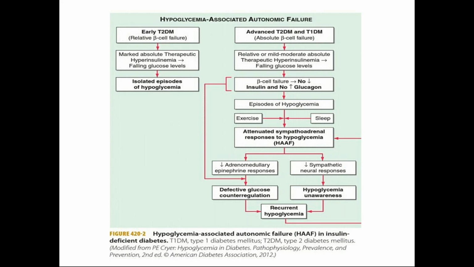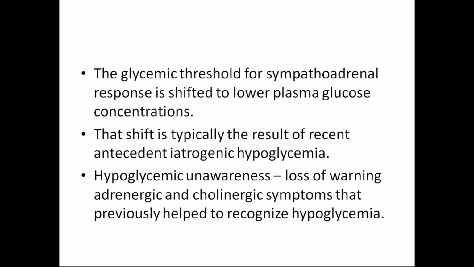That's why it's very important to prevent recurrent hypoglycemias. Even one episode of hypoglycemia will predispose the patient to the autonomic failure. That means the body stops responding to the hypoglycemia. It will not produce the sympathetic outflow. It just becomes non-responsive, which in turn causes hypoglycemic episodes.